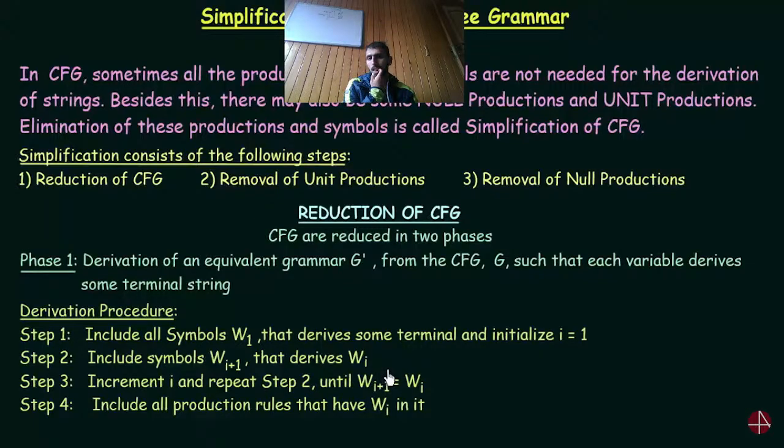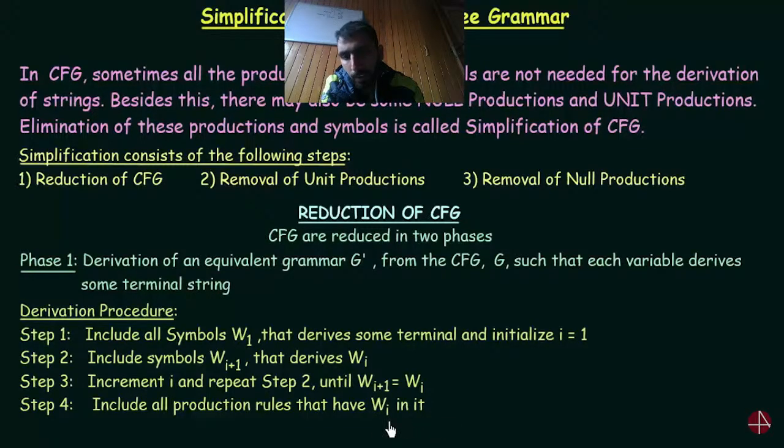If the elements of the sets in two consecutive steps are the same, then we stop the process, and we include all production rules that have Wi in it. So after getting this final set Wi, we include the production rules, all of which contain only the symbols in the set Wi. So that is phase number 1. Don't worry, even if it sounds a little confusing, it will become very clear when we take the example.